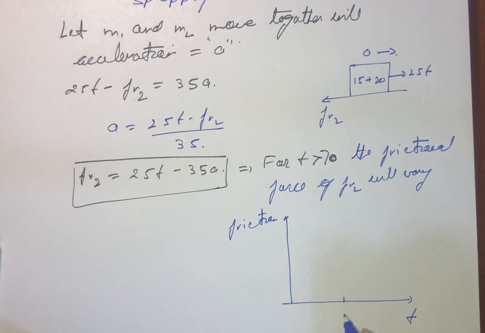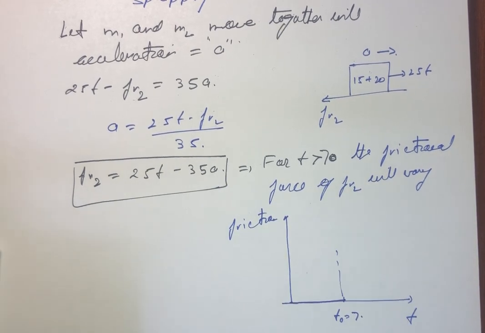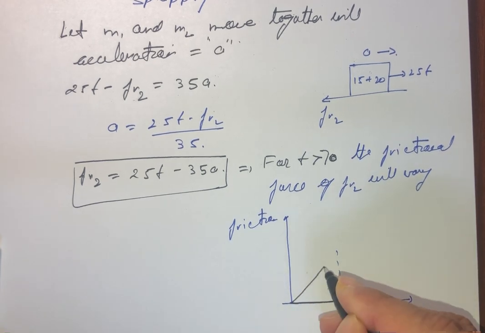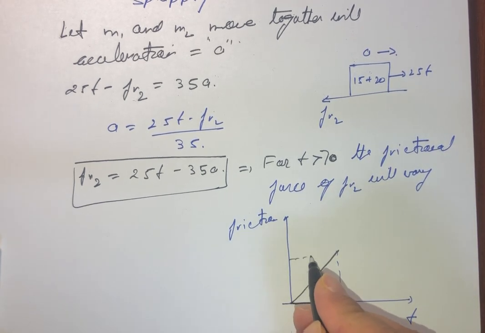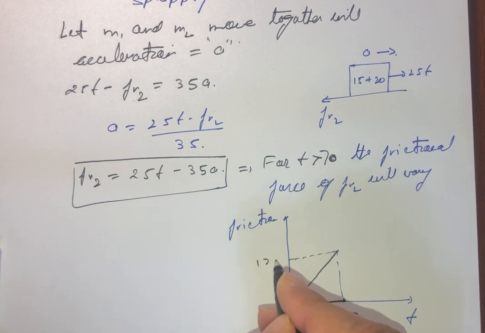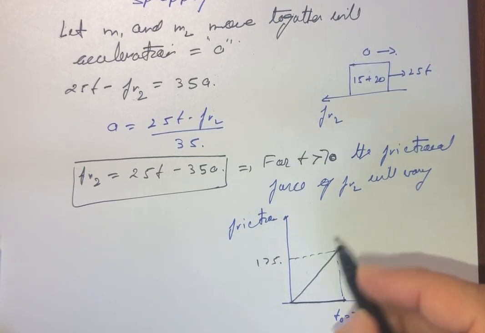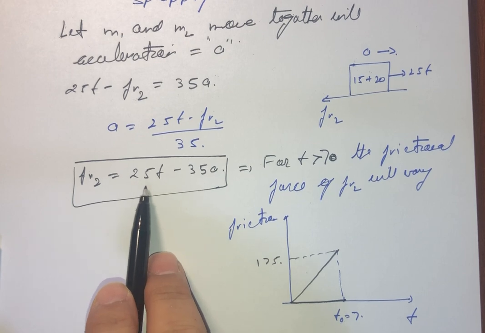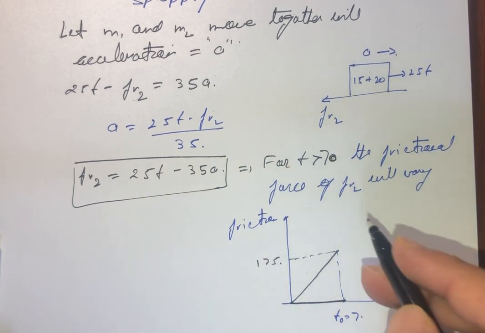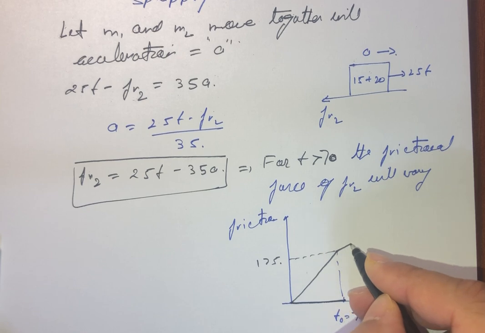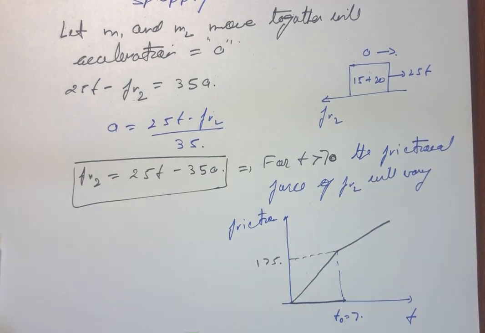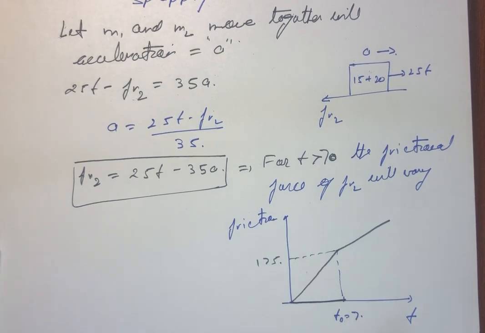We have already defined t naught equals 7, and this is our FR1 and this is our FR2, which has 175. Now it will vary by the equation 25t minus 35a. So let us suppose it is going somewhere like this. We can find the upper limit later on.